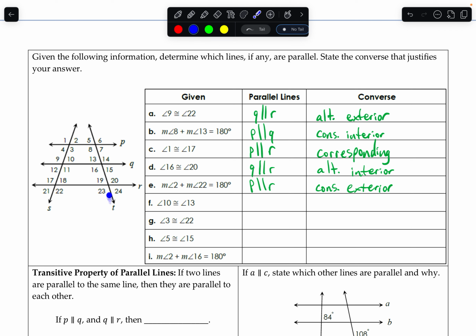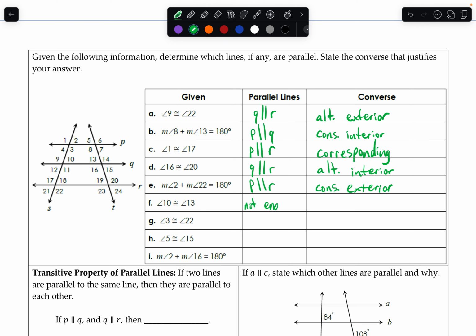So if you use S and T, these are interior of S and T, and they are on the same side of transversal Q. We would expect consecutive interior angles to be supplementary, not congruent. So there's actually not enough info on this one.